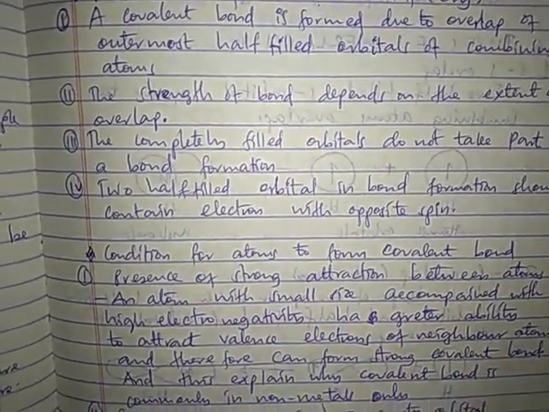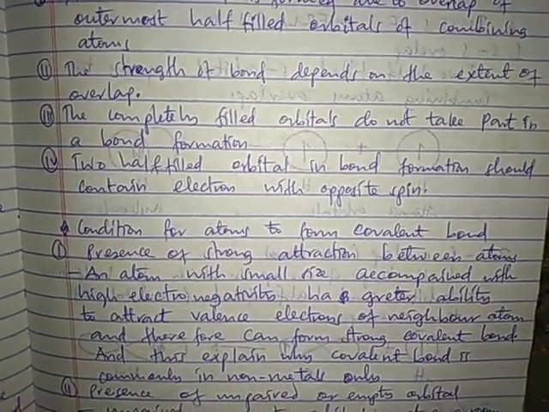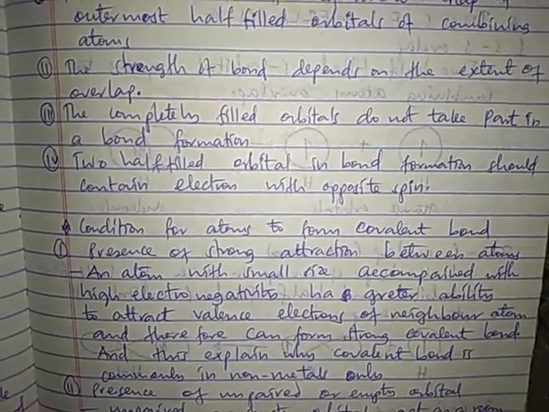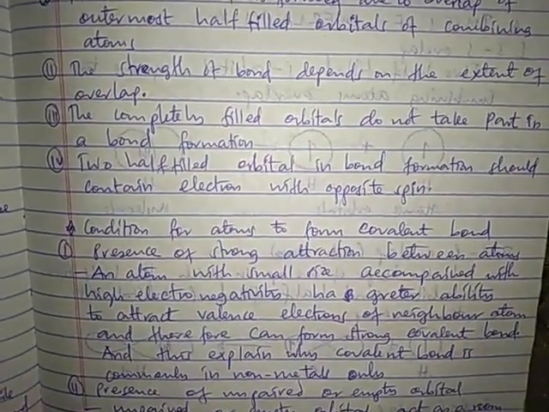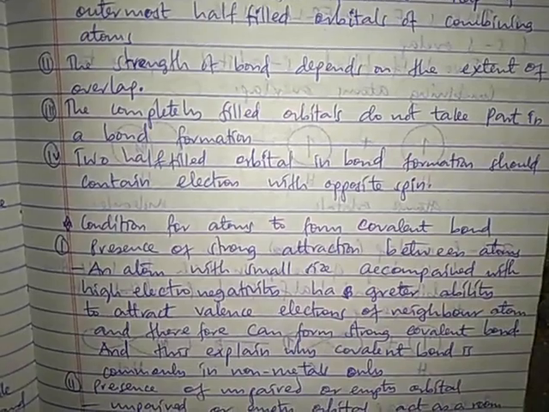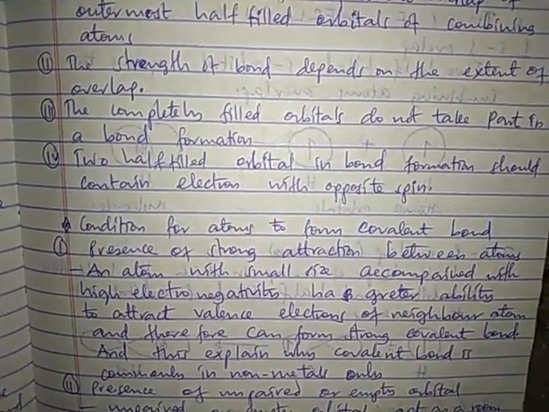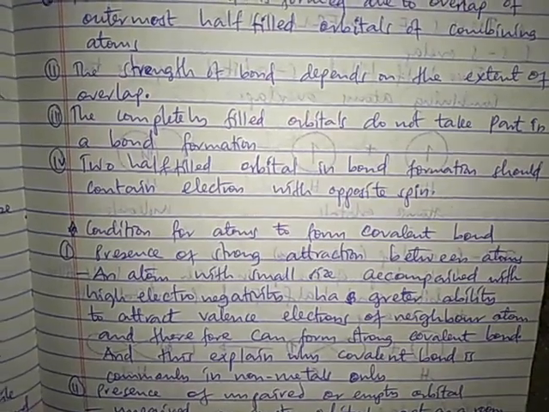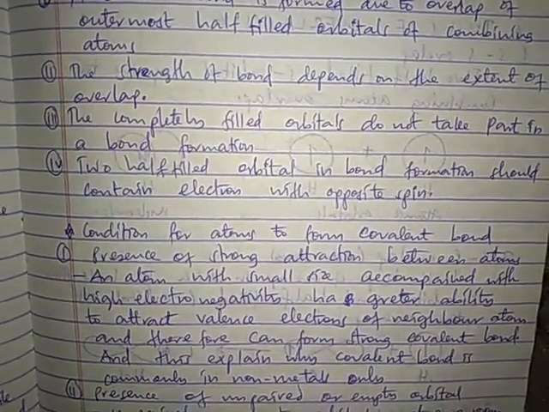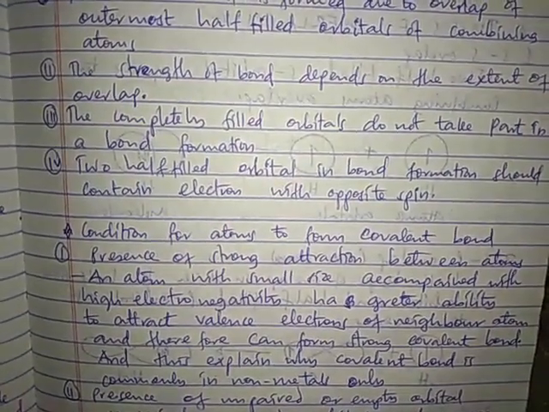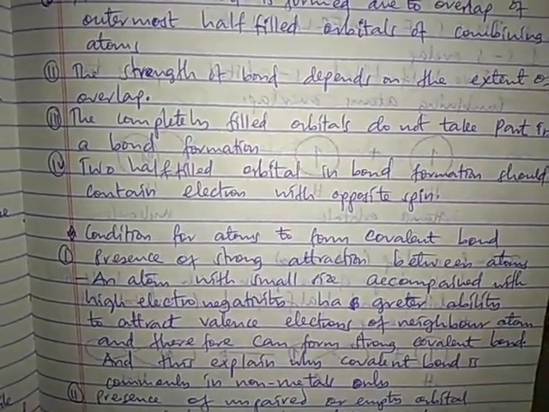The second postulate: the strength of bond depends on the extent of overlap. So the more the overlap, the stronger the bond. The less the overlap, the weaker the bond. As the overlap becomes larger, your bond becomes strong, as we shall see later.